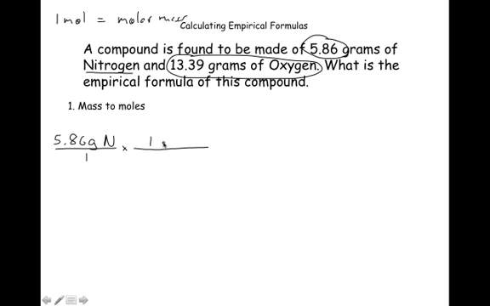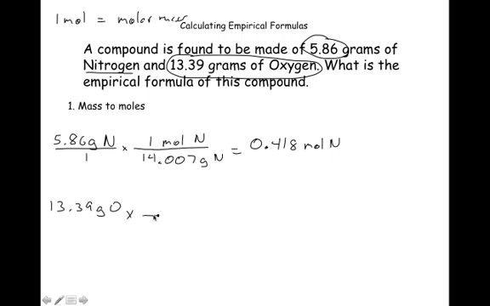We put 1 mole of nitrogen on top and the mass of the nitrogen on the bottom, 14.007 grams of nitrogen. Divide the 5.86 by the 14.007, and you get 0.418 moles of nitrogen.